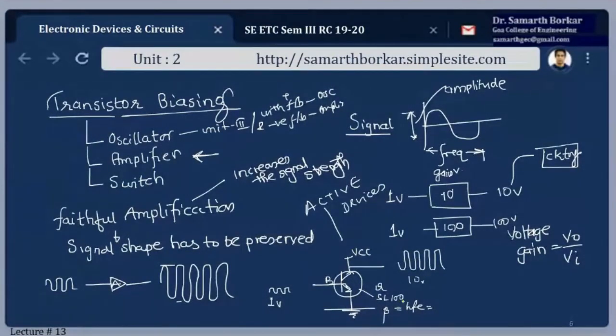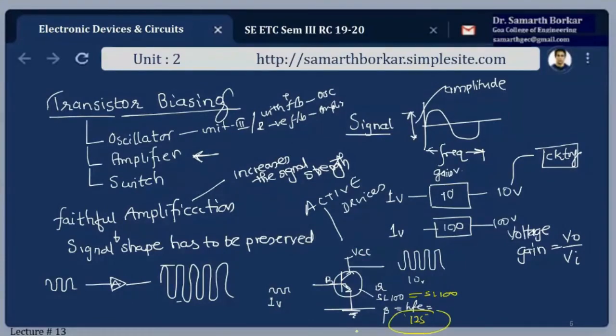Fine, the SL100 has a gain of say HFE value equals to say 125. For this particular value, we are getting this as an output. Fine. Now say after some time your transistor stopped working. Fine. So what you do, you just get another SL100 and you're going to replace that faulty transistor. But now the catch here is that you are not going to get another transistor, even if they belong to the same specification.